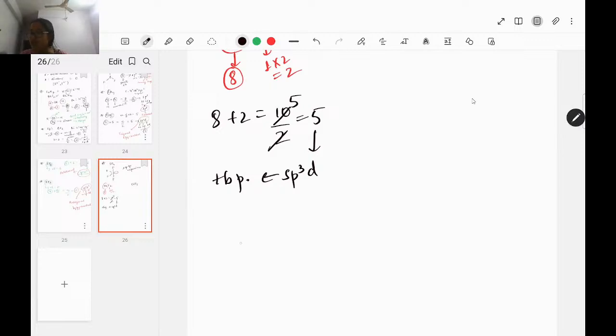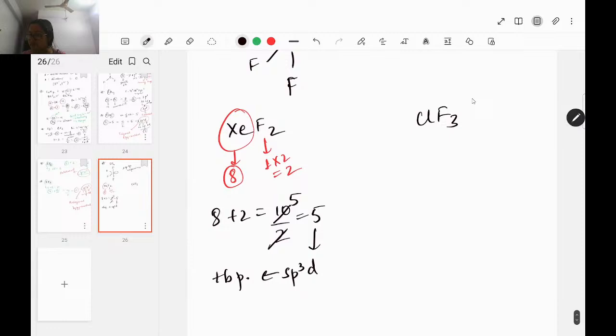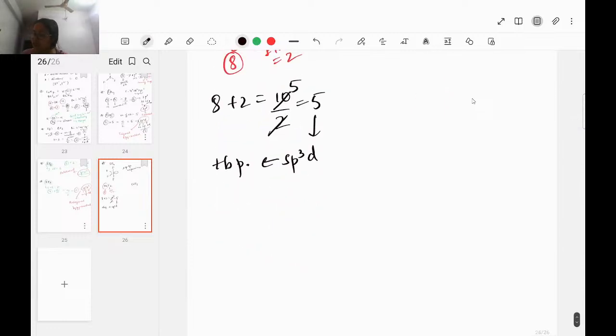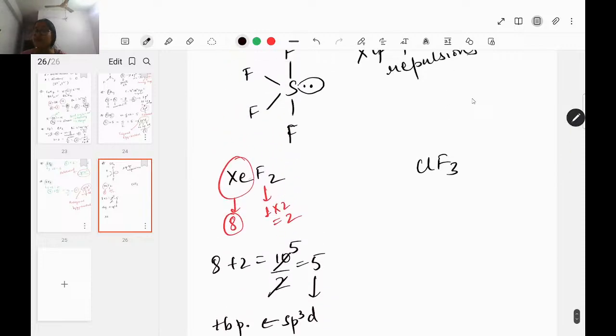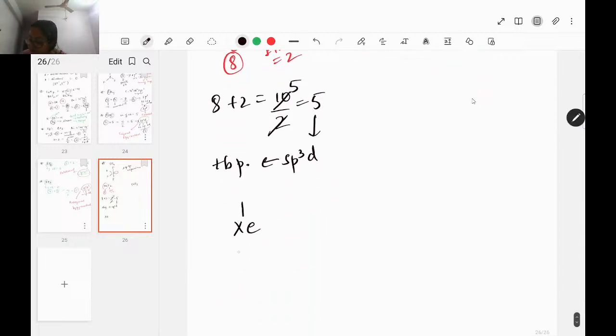TBP has two positions, like I showed you right now. It has equatorial positions as well as axial positions. Since there are only two fluorine atoms and fluorine is the most electronegative element in this compound, the fluorine atoms have to occupy axial positions. We will not start placing fluorines in the equatorial positions. They will occupy axial positions mandatorily.